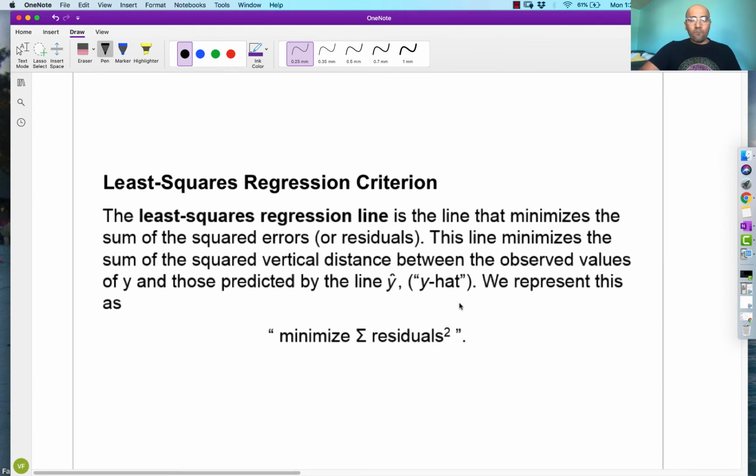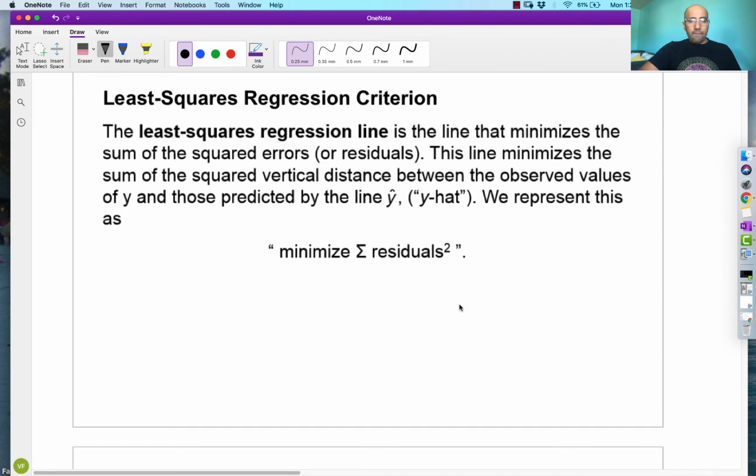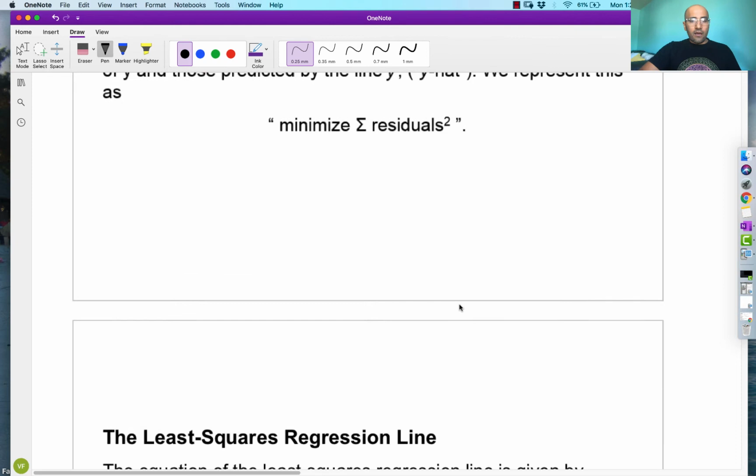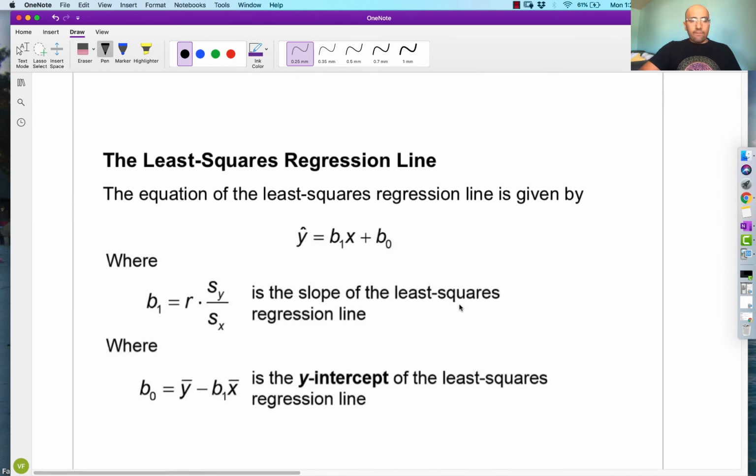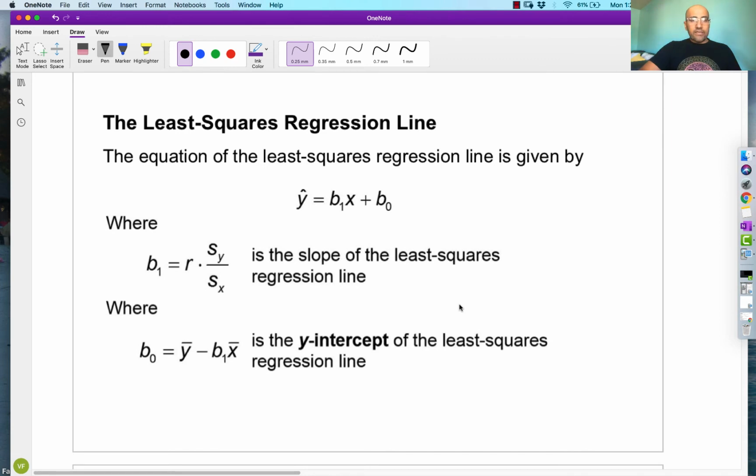Hopefully that means we have a pretty good idea of what it is, but how do we find it? Unfortunately, this is where we go back to one of those mysterious formulas that I can't really explain, because it's way outside the scope of this class. I'm going to have to ask you to trust me that there is a very solid mathematical foundation for this.